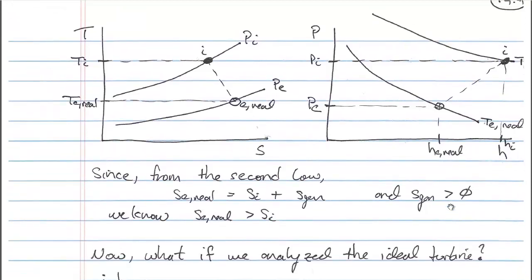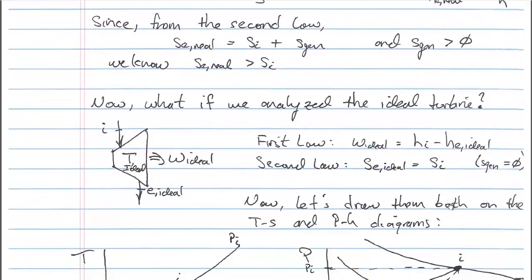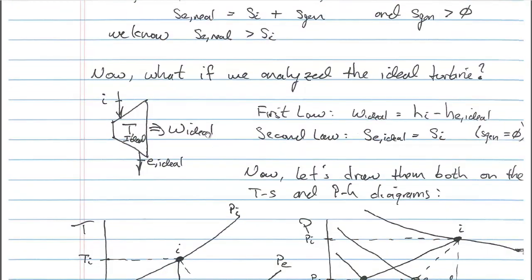Okay, so now let's follow this same process to analyze the ideal turbine. In the case of the ideal turbine, it has the same inlet state as the real turbine. It produces an ideal amount of work, and because it's producing an ideal amount of work, the exit state corresponds to the ideal exit state, or E,ideal.